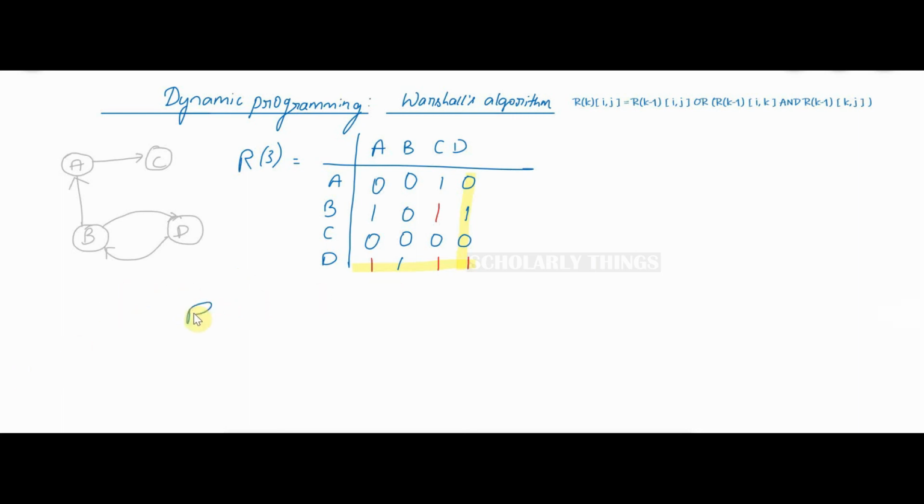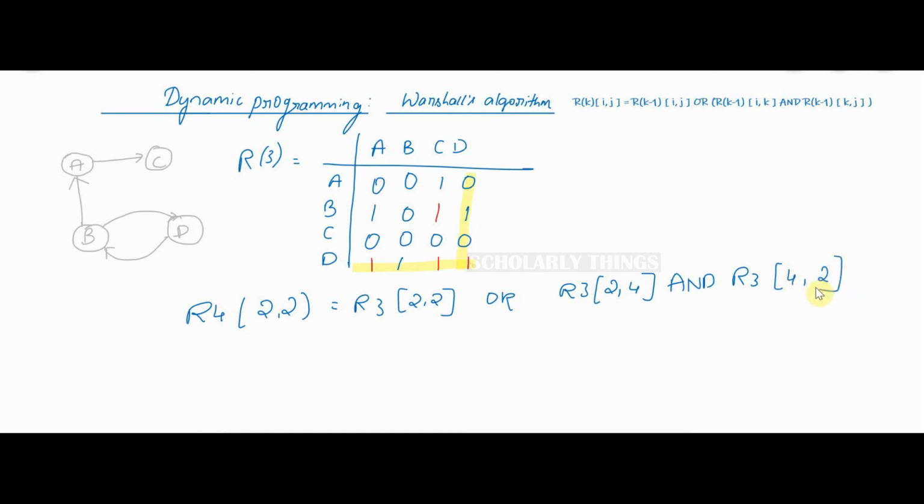We can find out R4 of 2, 2. It will be R3 of 2, 2 OR R3 of 2, 4 AND R3 of 4, 2.